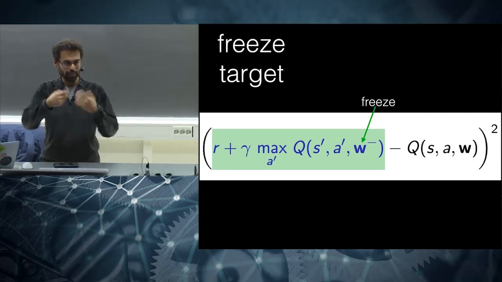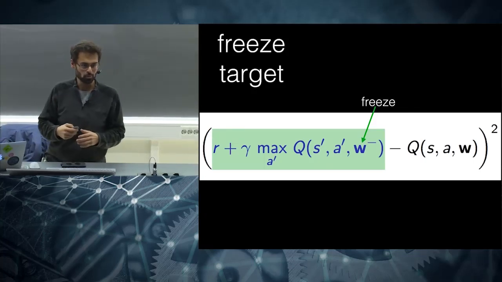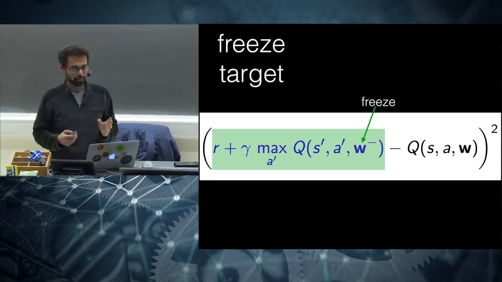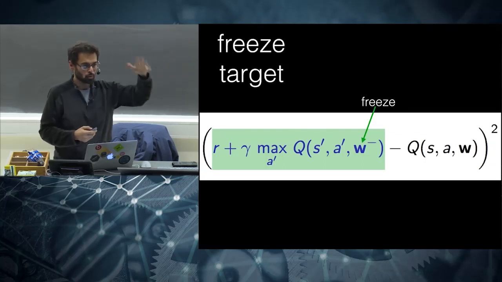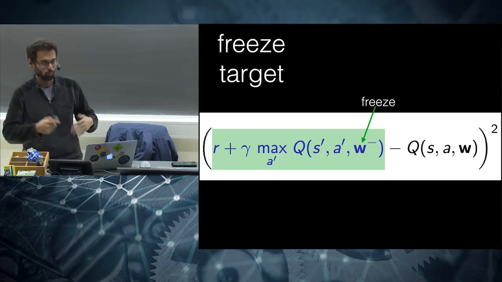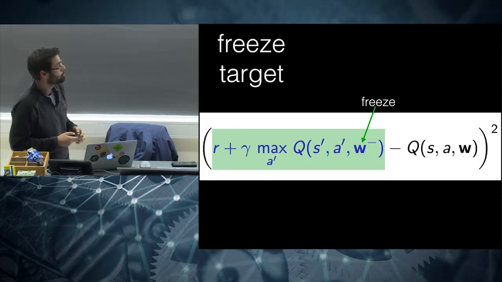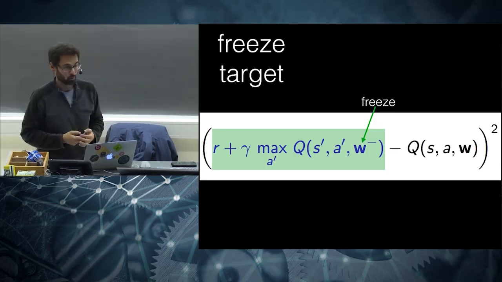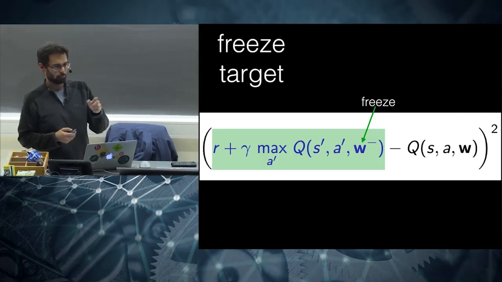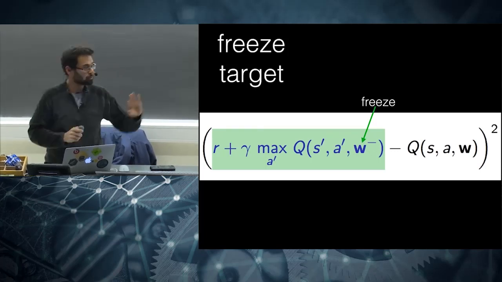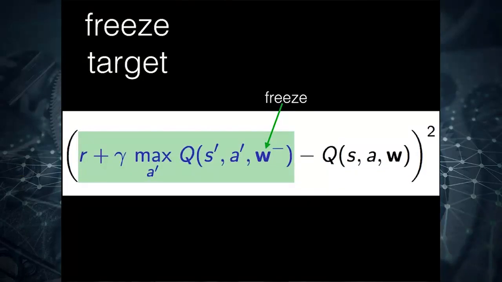So if you update that network, your guesses will also update. And so in order to not make the target, which comes from this guess, move so much, you freeze a copy of the network and sync it with the one that you're training over and over again. So that was needed to make the training work as well. Of course, if you are experimenting with DQN on small problems, you may not need this, but it usually helps.